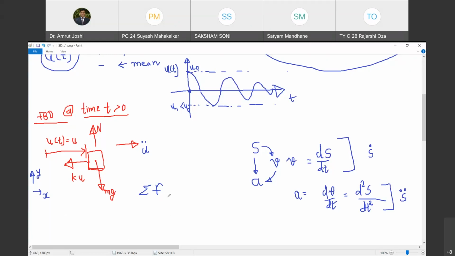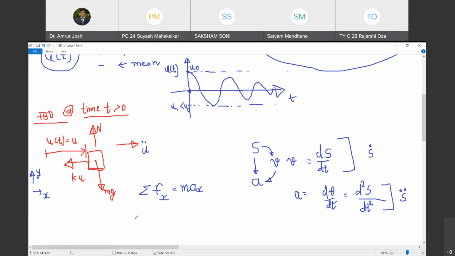Algebraic sum of all the forces acting on a body in x direction must be equal to mass into acceleration of the body in x direction, provided that the mass remains constant throughout the time. And in this particular case, the mass is not a function of time. Do you remember this statement of Newton's second law? Yes, sir. Okay. So summation of all the forces in x direction. Can you tell me what are the forces in x direction?